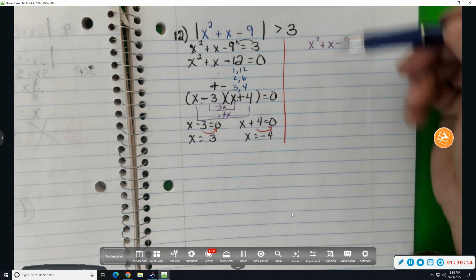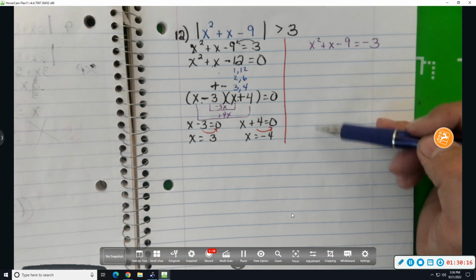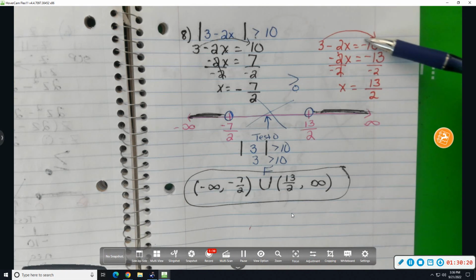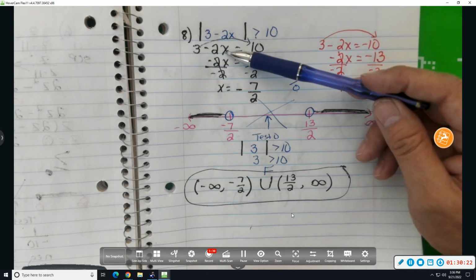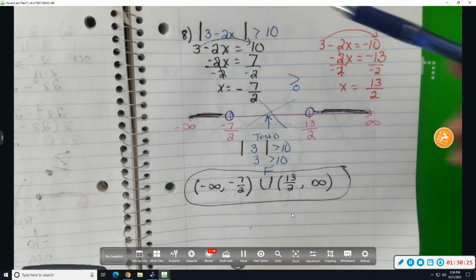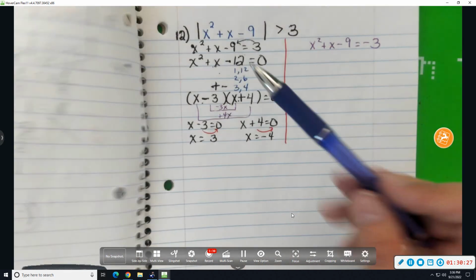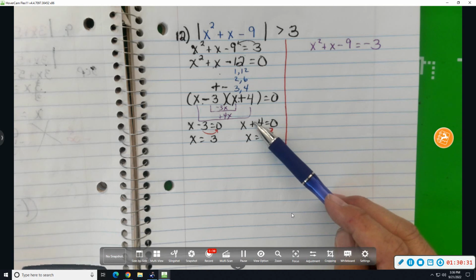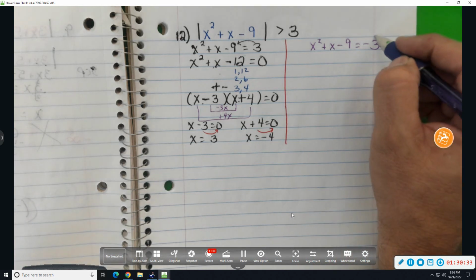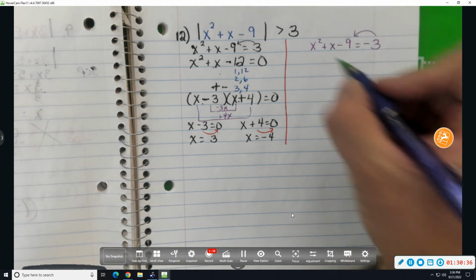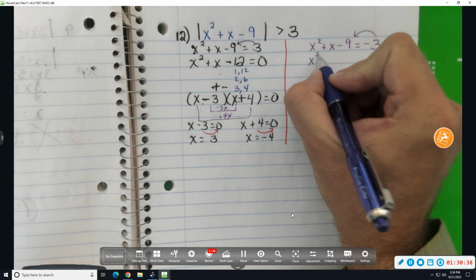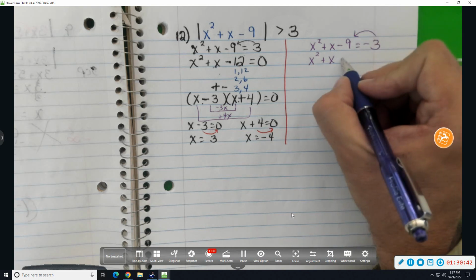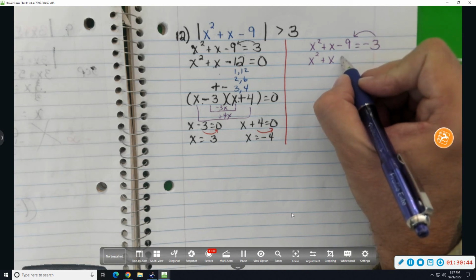Now let's come over here. Notice it's basically the same thing I was doing right here: equal positive, equal negative. Except over here we had linear, there was no exponent. Over here we have a quadratic, so you're going to have to get a 0 and factor. I'll get the 0 by moving the 3 over. So we have x squared plus x, negative 9 plus 3, what am I about to write here?